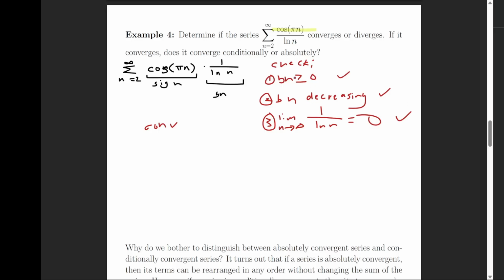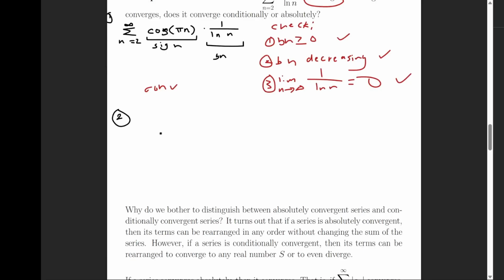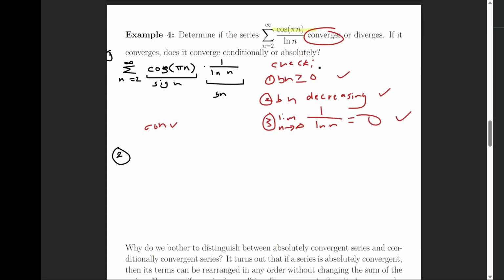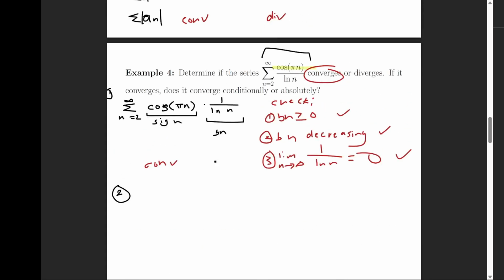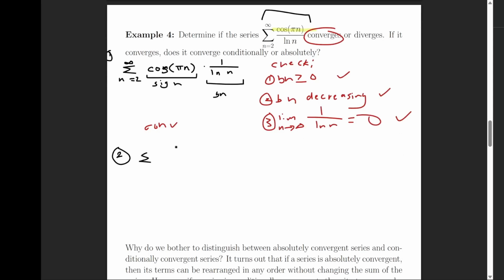So now we're going to do the second part of the example, which is, if it converges, does it converge conditionally or absolutely? So this is the second part, okay? Remember when we do this, we take the absolute value of a sub n, and the a sub n in this case is the whole thing, okay?